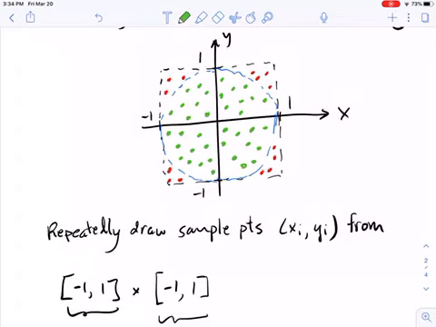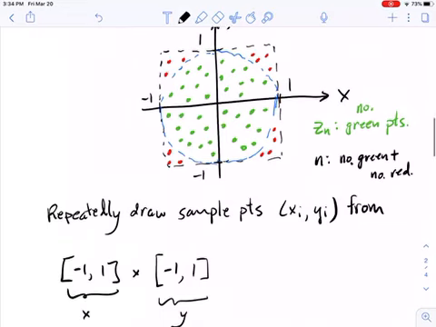Okay, so the hits is the number of green points, and n is the number of green plus the number of red, the total number of points.